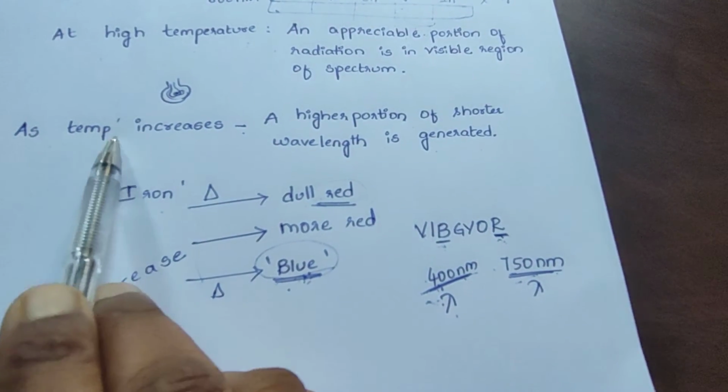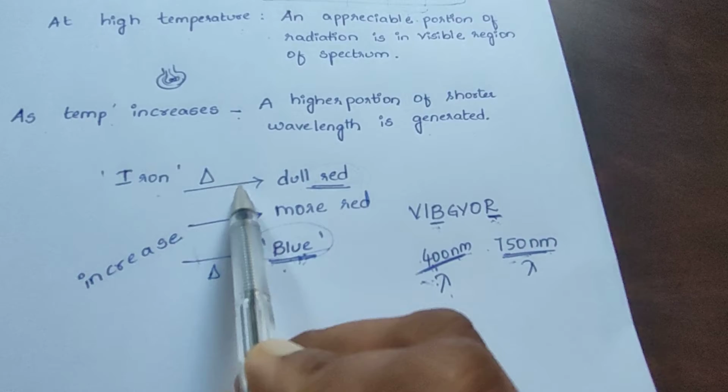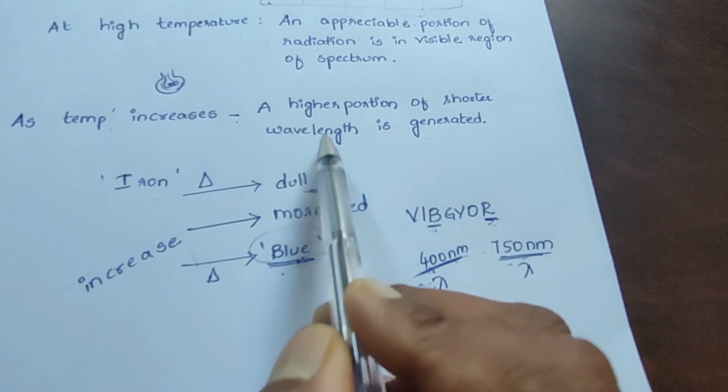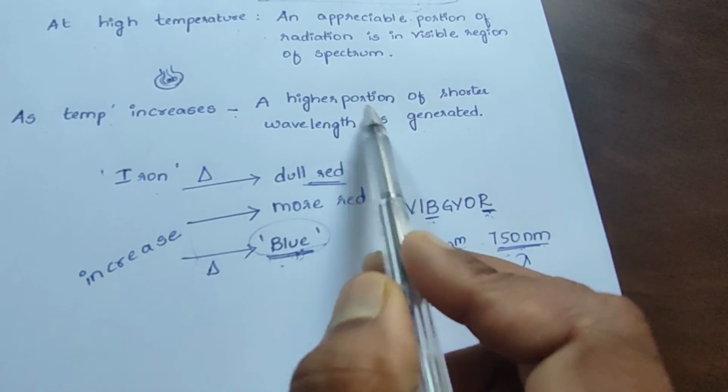So as temperature increases, the emitted radiations with shorter wavelength will be in higher portion.